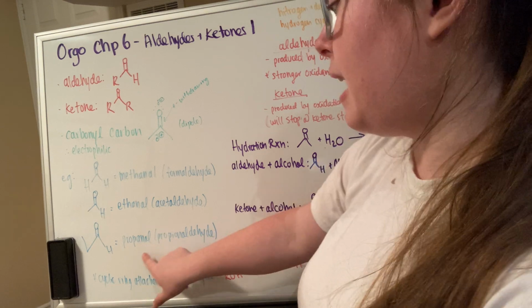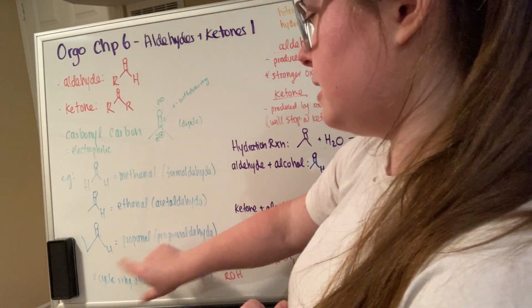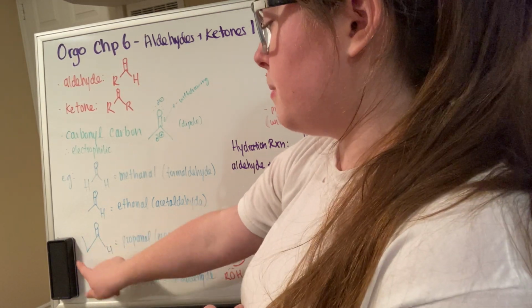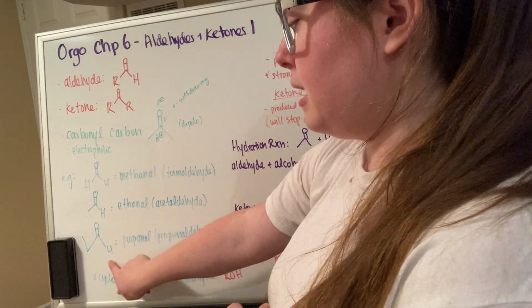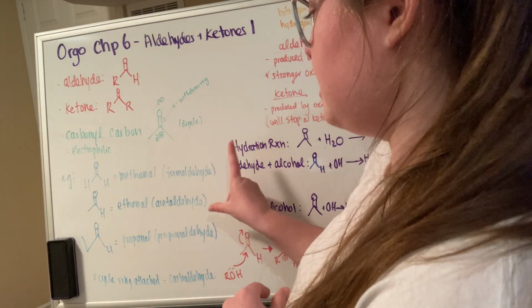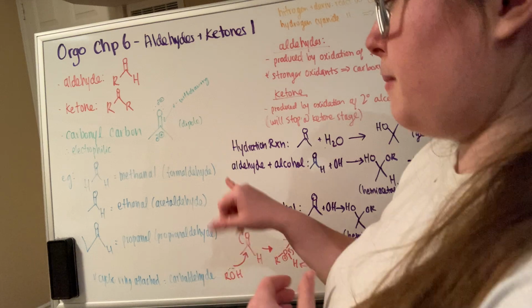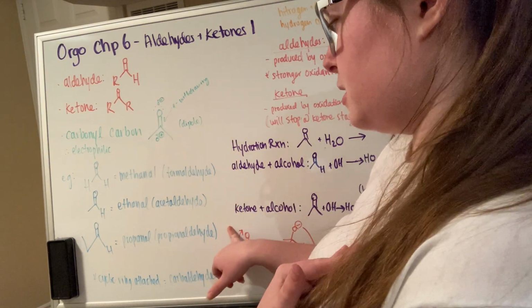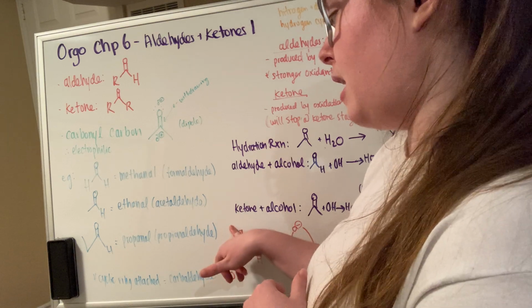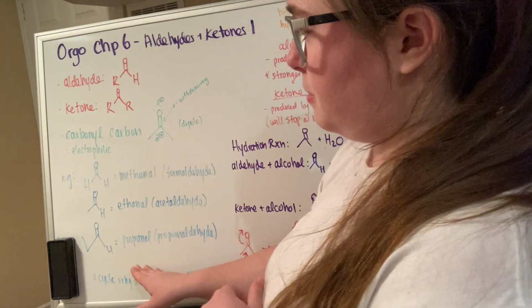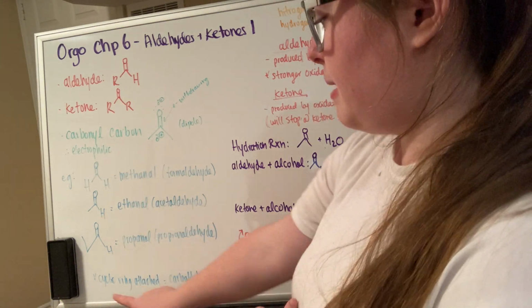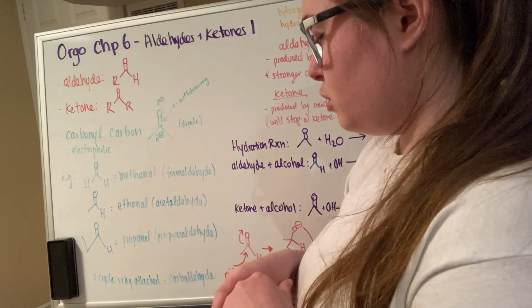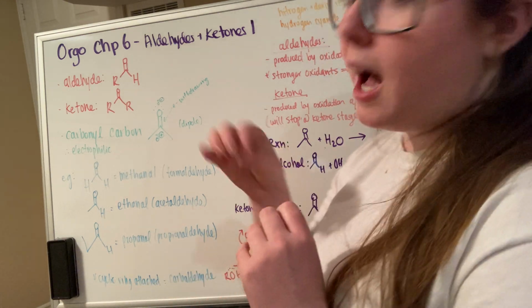And we have propanal, again with the "al" at the end: carbon, carbon, carbonyl carbon, hydrogen. And again, these names are common to come up. So just know formaldehyde, acetaldehyde, and this one I personally haven't seen as often, propionaldehyde. But yeah, just be able to name those ones. And then if there's a cyclic ring attached to it, it would be known as a carbaldehyde.